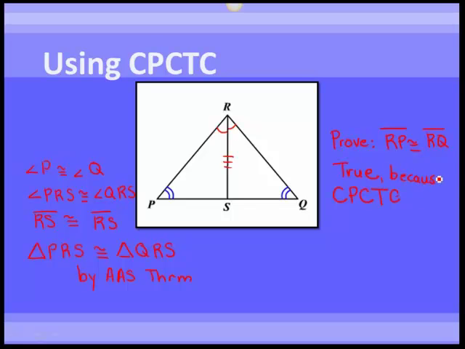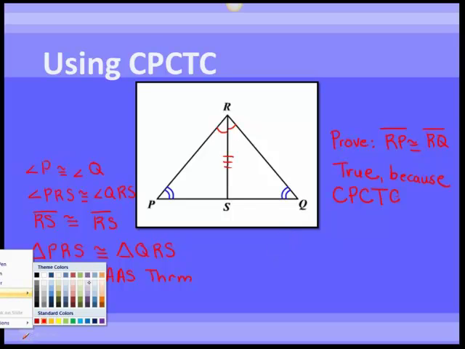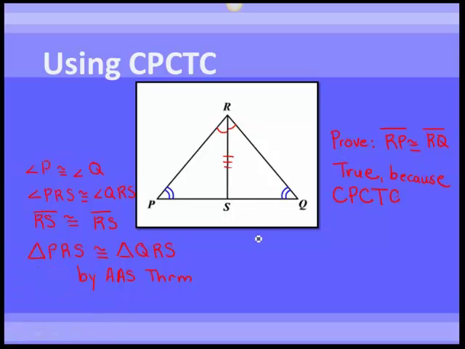So when you're using CPCTC, the very first thing you want to do is prove that the triangles are congruent. Prove triangles are congruent by ASA, AAS, SSS, SAS, or hypotenuse leg.